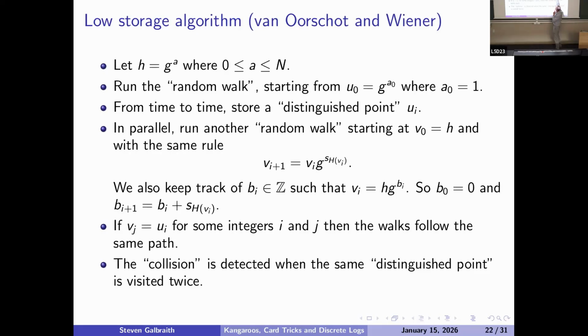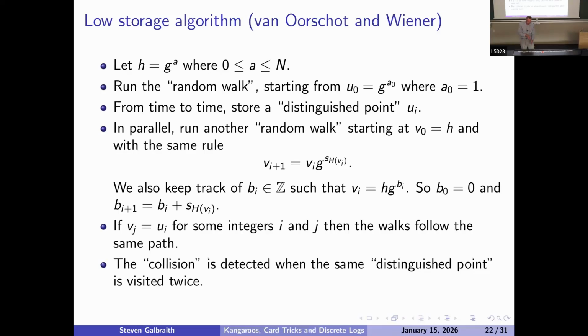And this is the kangaroo that starts at H. Remember, H is g to the A, and I don't know A. I'm trying to find out A. So H is the card that you chose, right? It's g to the power A for some A. I don't know what it is. But I run the same walk. So again, in the exponent, this is the eighth card, if you like.